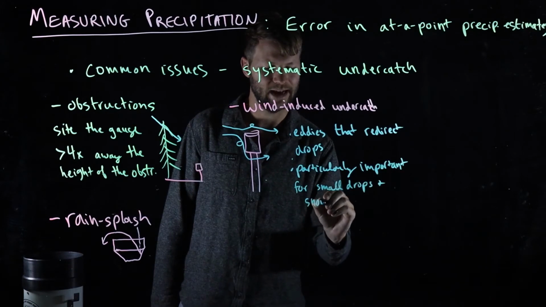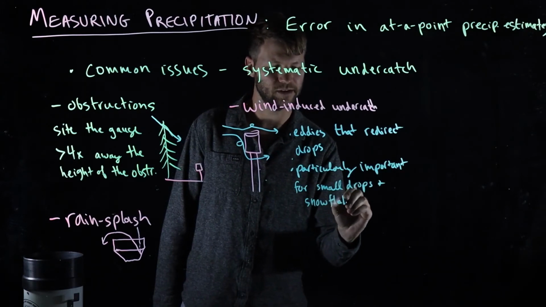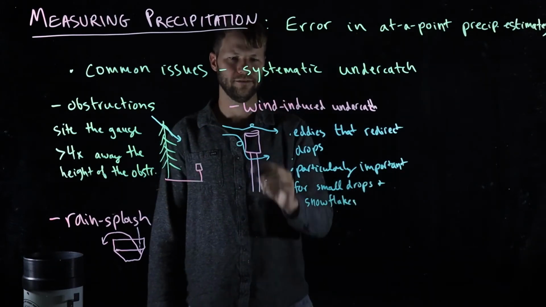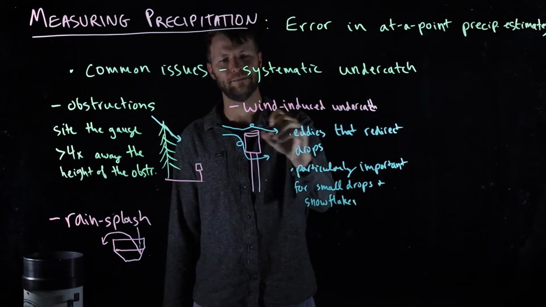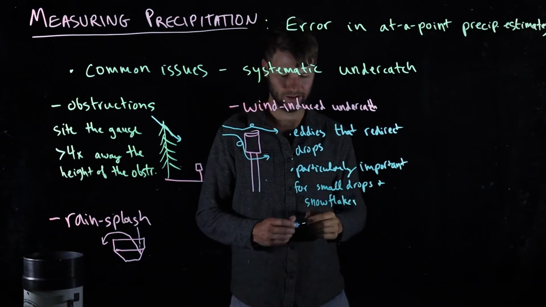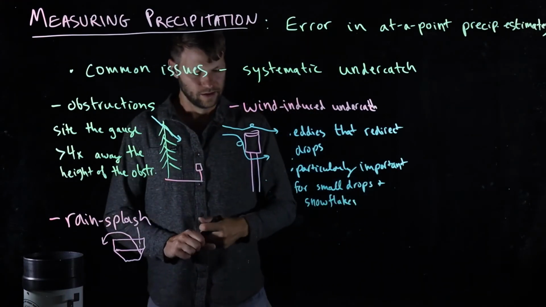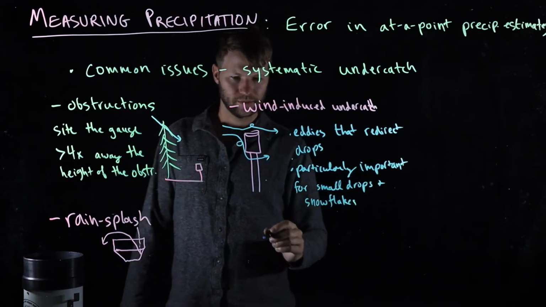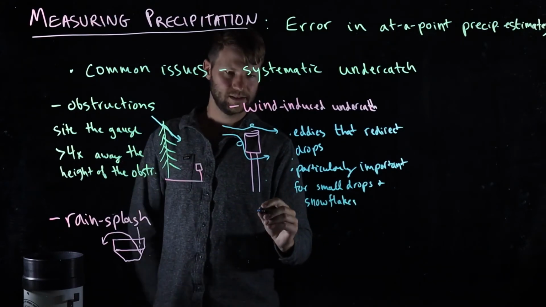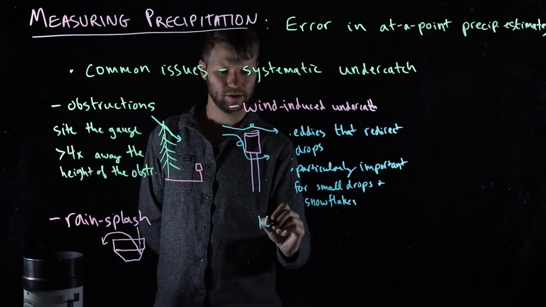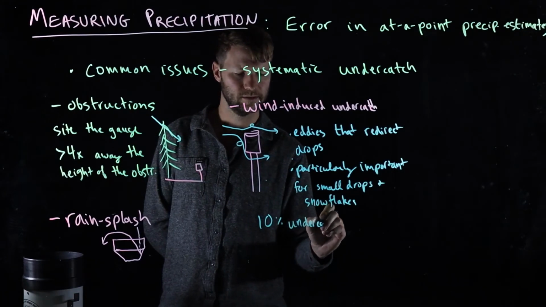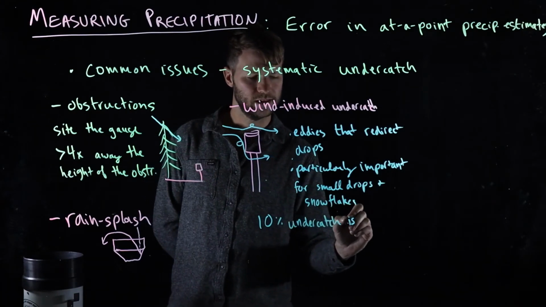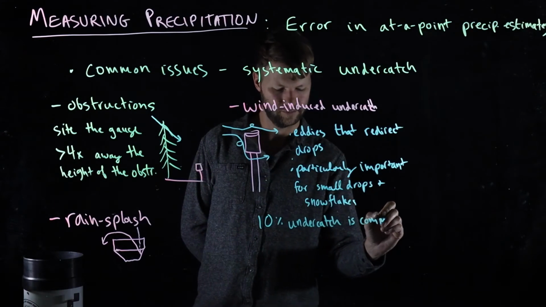The less mass, the less density that these falling bits of precipitation have, the more easily it's going to be for a little gust of wind to grab them and make sure that they don't fall in there. It's possible that this can result in a 10% undercatch in many areas if it's not dealt with.